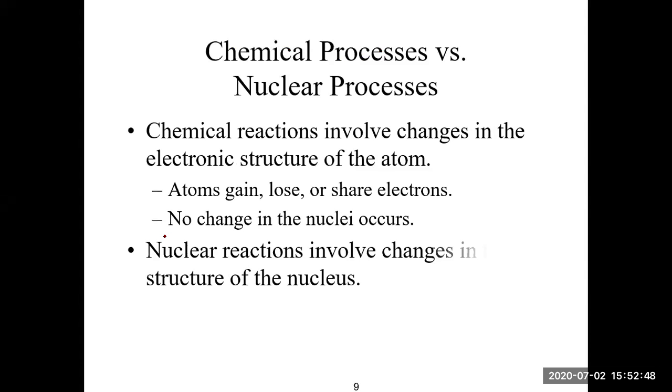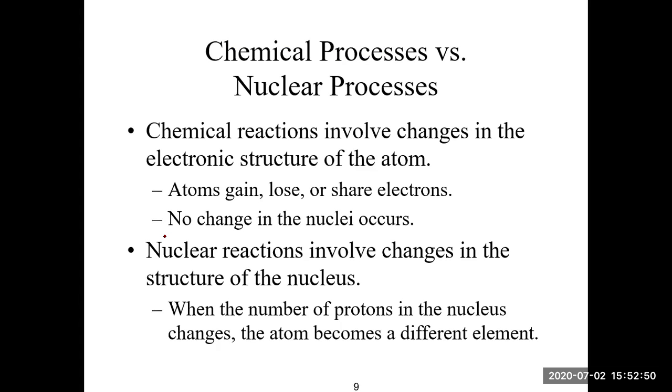All right, so let's talk about some of the major differences that we discussed earlier between chemical processes and nuclear processes. As I mentioned, chemical reactions deal with electrons, bonds being broken and made, and that's all electrons, right? Those are the particles flying around the nucleus.